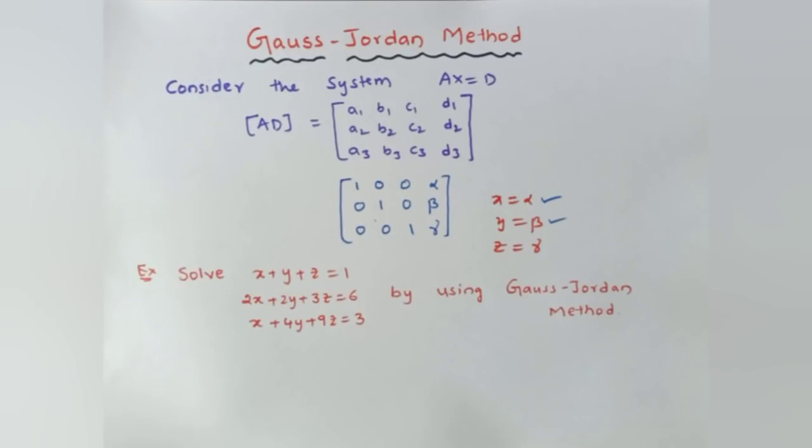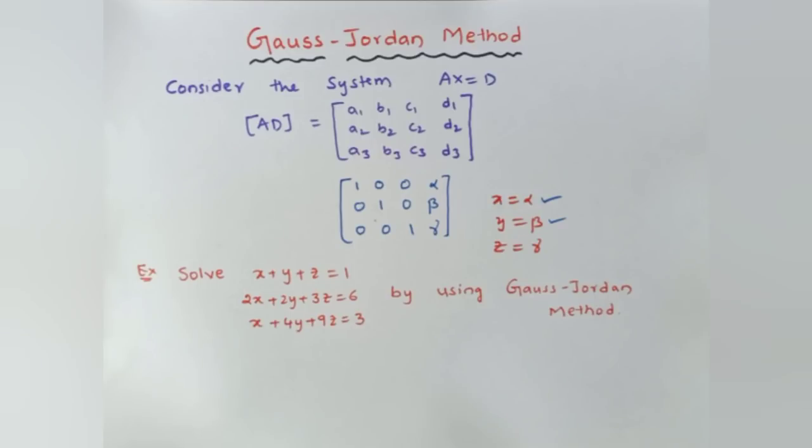So let's see the example. Solve x plus y plus z is 1, 2x plus 2y plus 3z is 6, and x plus 4y plus 9z equals 3. We already know the solution for this system from the previous methods, the matrix inversion method and Cramer's rule.